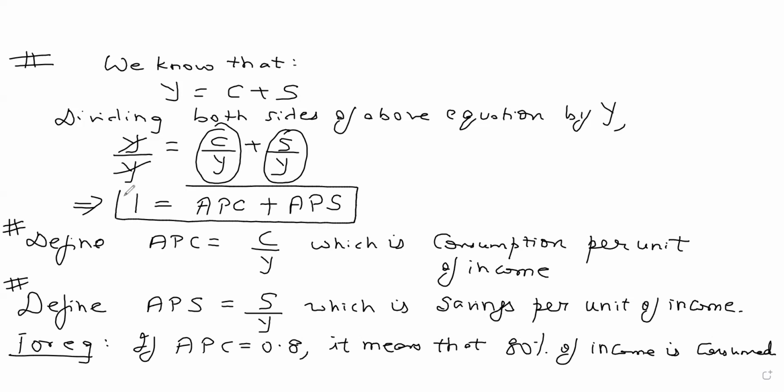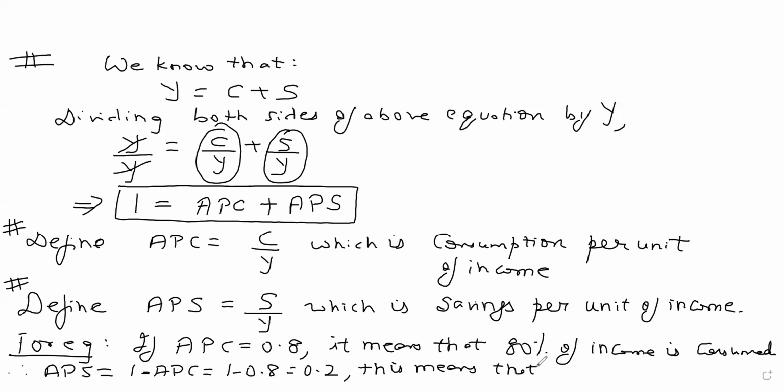We know that APC plus APS should be equal to 1. So how much will APS be? Therefore, my APS will be 1 minus APC, which is 1 minus 0.8, which is 0.2. How do I interpret this? This means that 20% of the income is saved.